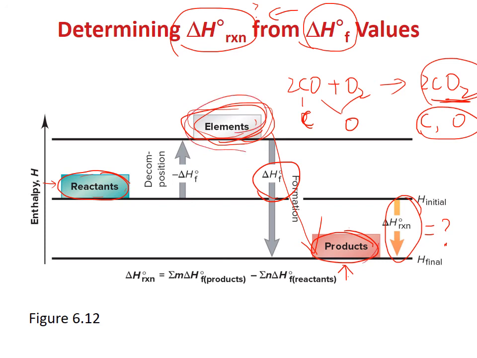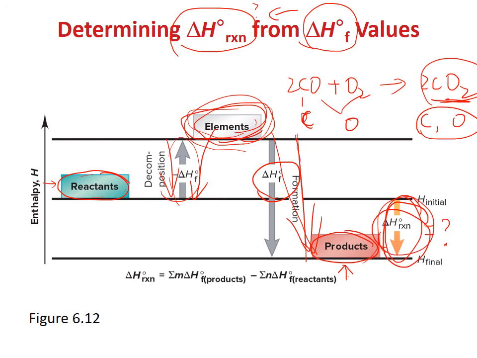And from elements to these reactants, the enthalpy change at the standard state is the standard enthalpy of formation of the reactants. So this is the formation enthalpy of the product, this is the formation enthalpy of the reactants, and this is the reaction enthalpy. You can see the reaction enthalpy is the difference between these two.